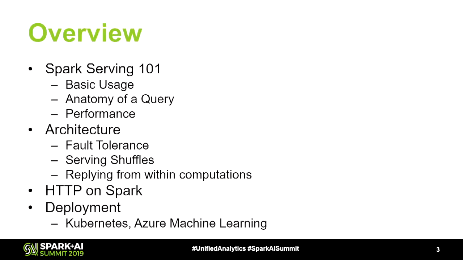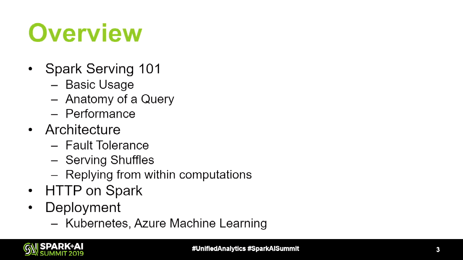So the overall structure of this talk is we'll go over what Spark Serving is, the basic 101s, how to use it, what the anatomy of a query looks like and its performance, and then we'll dive a little bit deeper. We'll get into the architectural details, how we handle things like fault tolerance, shuffles, and replying from within existing computations.